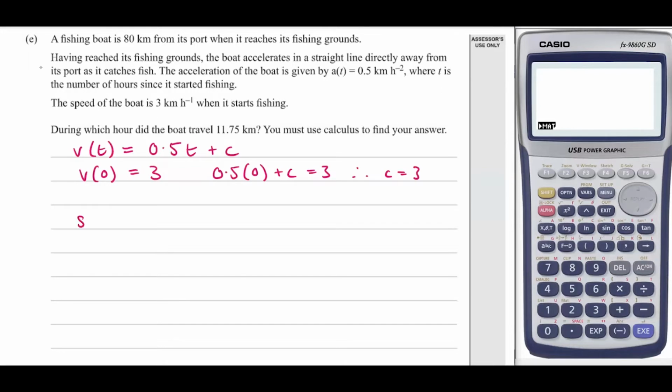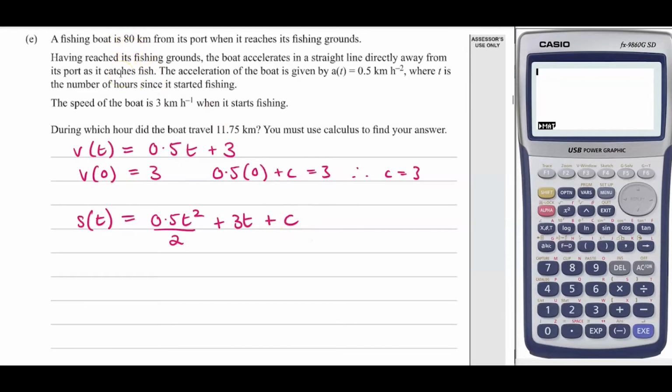So the distance that we get from velocity we'll do by integrating the velocity. So that'll be 0.5 t squared over 2. Now remember the c gets replaced with the 3, we just worked that out. So that'll be 3t plus c. Now to work out that value of c, we use this information that we've got here.